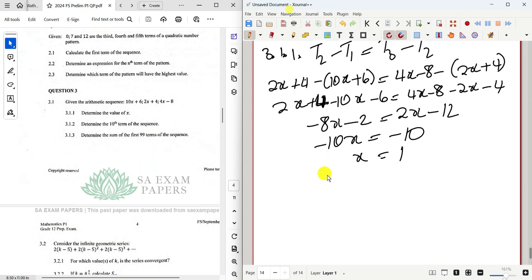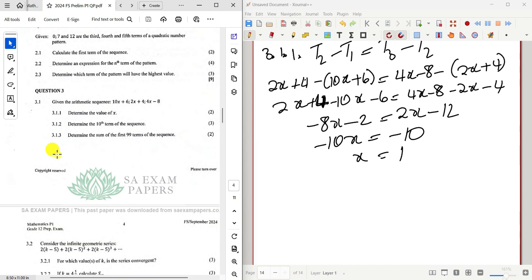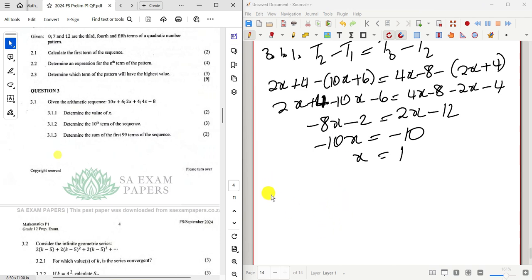All right? Perfect. Now, how many marks is this, by the way? Okay, 2 marks. No worries. Now, 3.1.2, determine the 10th term of the sequence. So what we need now is to realize that x is equal to 1.